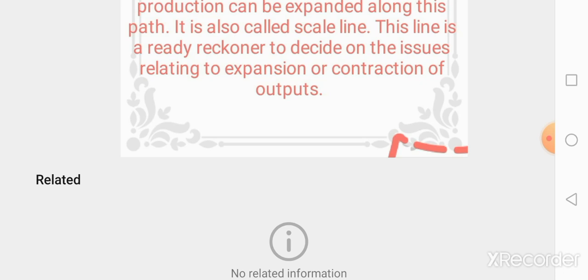This is called the expansion path, because for expanding the quantity of production we use this path, which arises from the least cost combination input points. A least cost combination point is the point where the isoquant curve touches the isocost line.